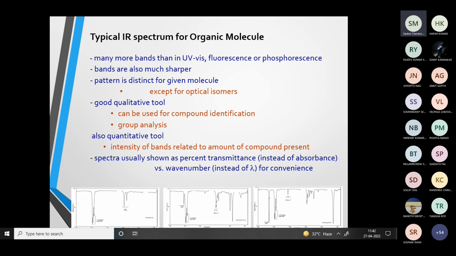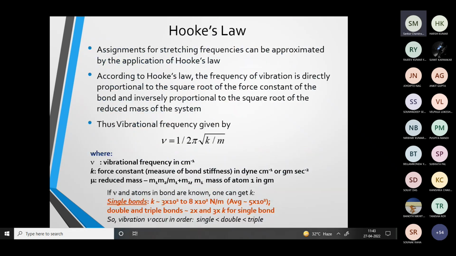For a particular compound, cyclohexane, cyclohexanol, and cyclohexanone, they are different compounds, with carbon-carbon single bond, carbon-oxygen double bond, carbon-oxygen single bond. They differ, but their basic values are almost very close. Now Hooke's law.